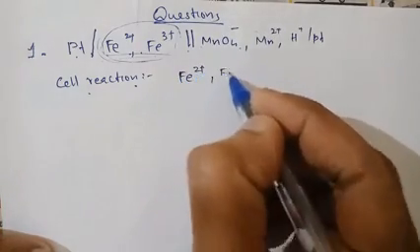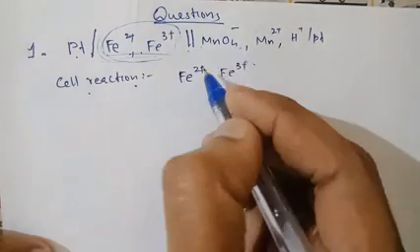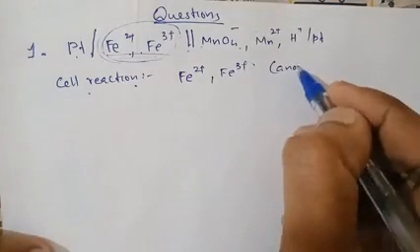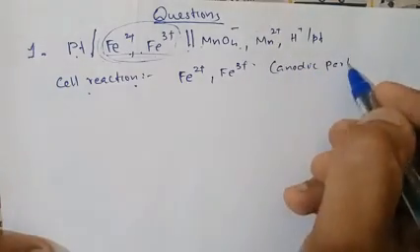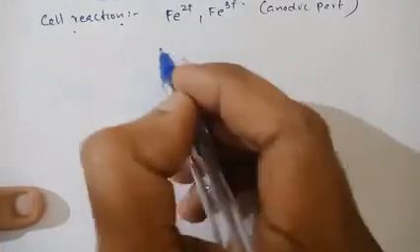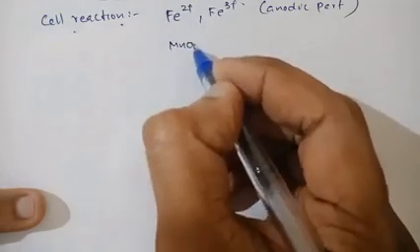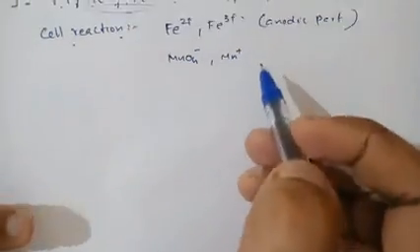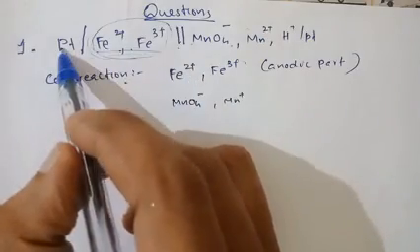Fe2+, Fe3+ is the anodic part. Which is the cathodic part? MnO4-, Mn2+ is the cathodic part, and the platinum is a mediator.